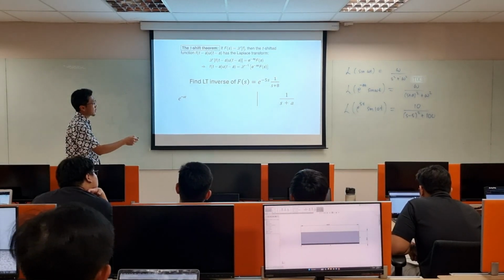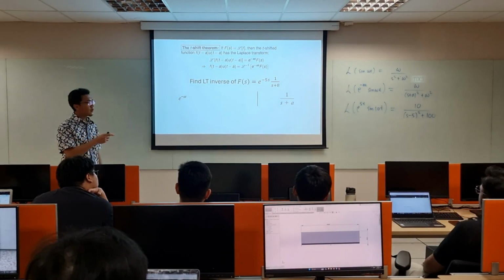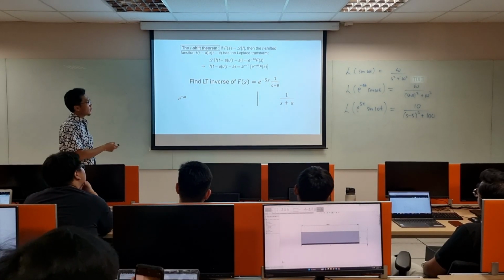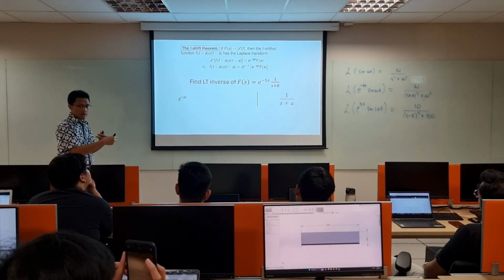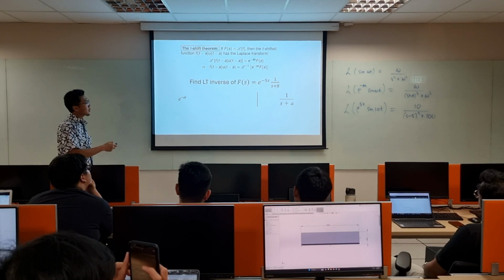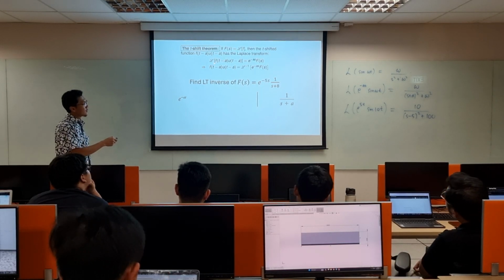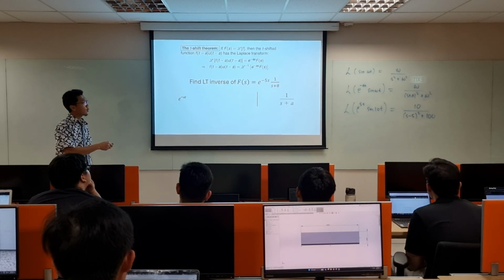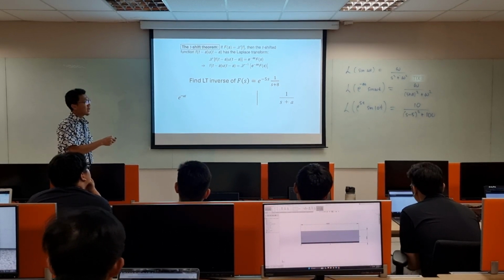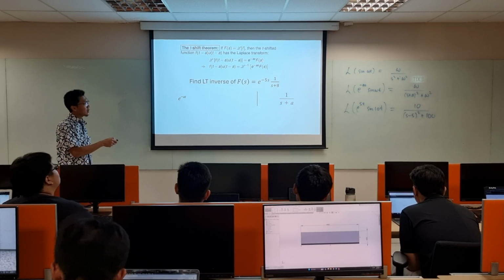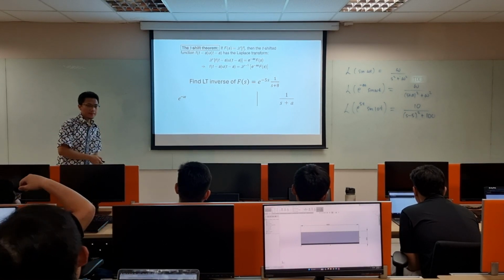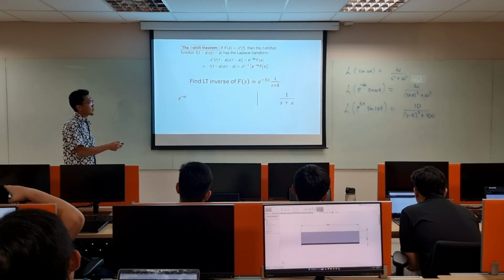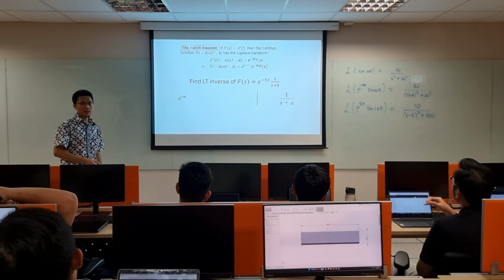So when you have a shift in the time domain function, the focus is that you first find the Laplace transform of f(t), which will be F(s), and then you just multiply with e to the minus as.